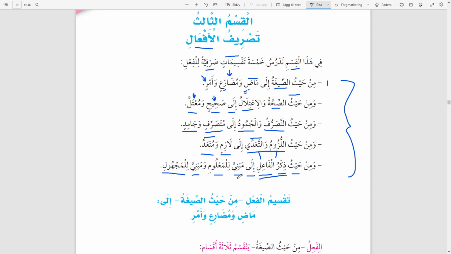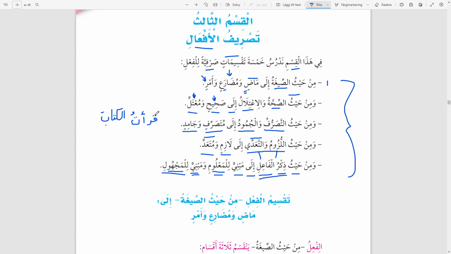So مبني means constructed for a known actor, or expressed as an unknown actor. So an example of that is I read the book. قرأت الكتاب.